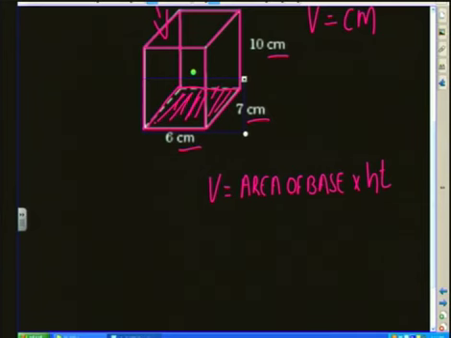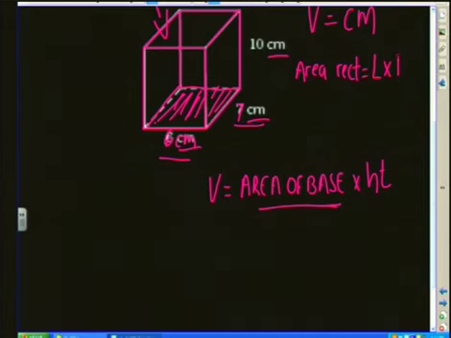We see that the length is 7 centimeters and the breadth is 6 centimeters. So we've identified our base as the rectangle with length of 7 centimeters, breadth of 6 centimeters. How do we find the area of a rectangle? Well, we know that the area of a rectangle is equal to length times breadth.